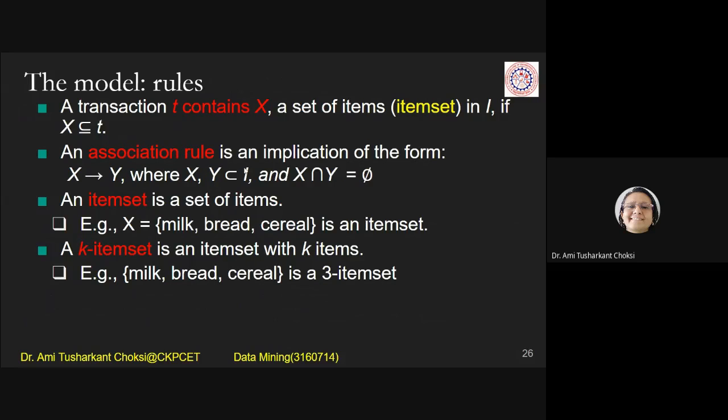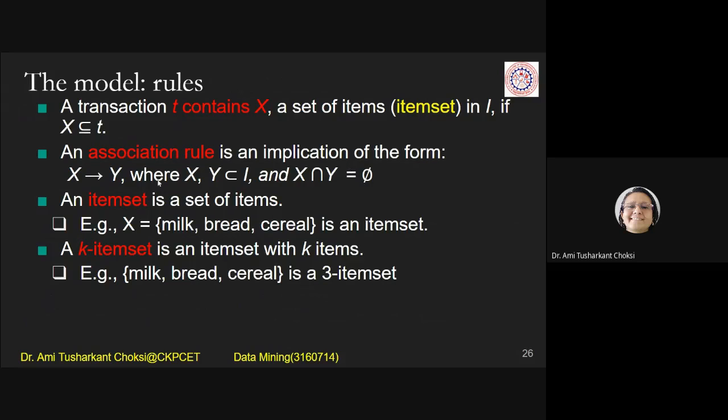An association rule is an implication of the form X implies Y, where X, Y is subset of I and X intersection Y is equal to empty set. Getting it?